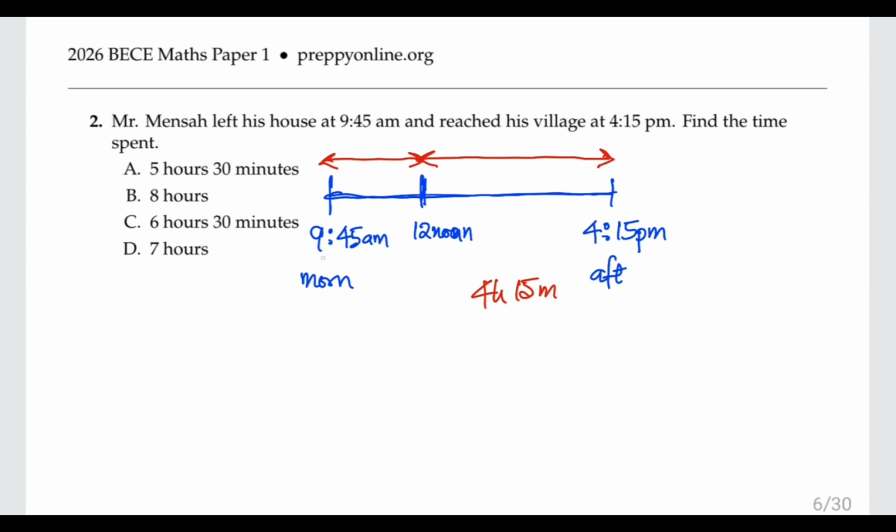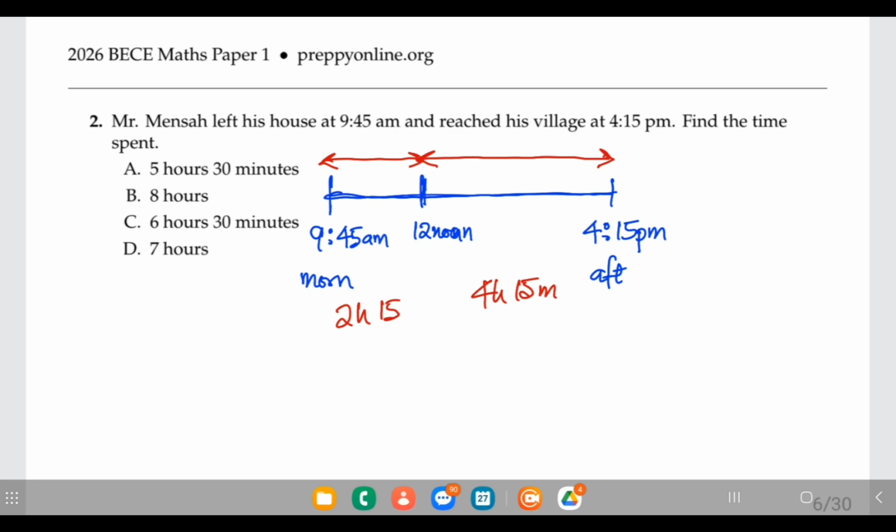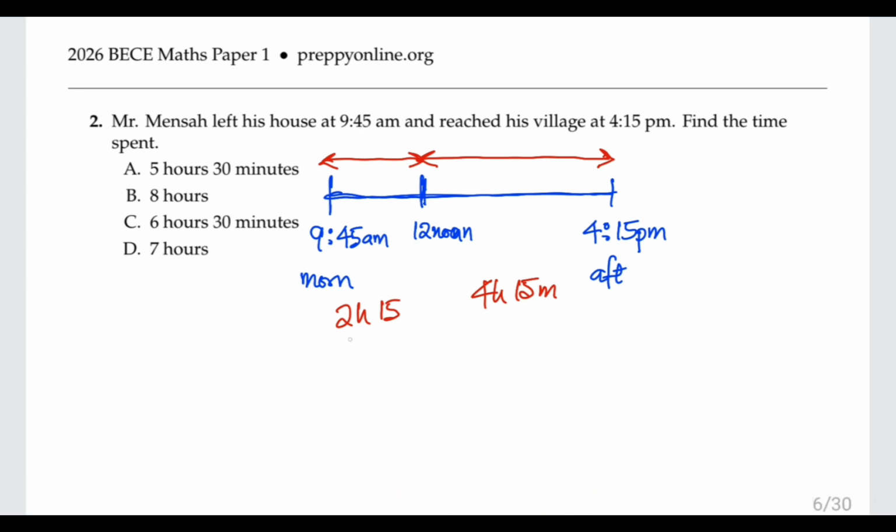What about 9:45 a.m. to 12 noon? Well, if we think of 9:45 a.m. as 15 minutes before 10 a.m., then if the time from 10 a.m. to 12 noon is 2 hours, we add 15 minutes to that. So 9:45 to 12 noon is 2 hours 15 minutes.